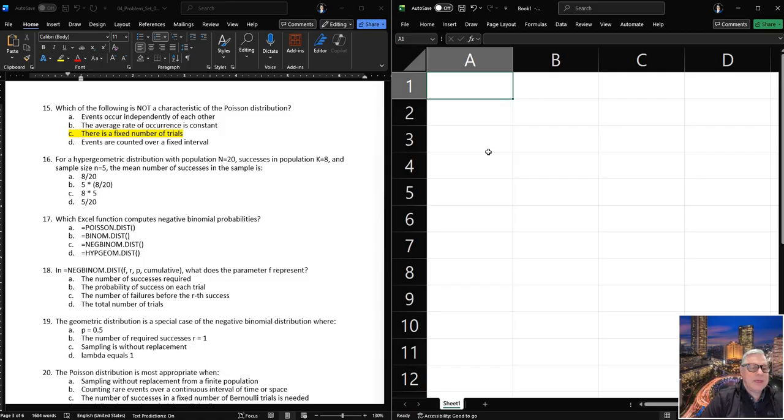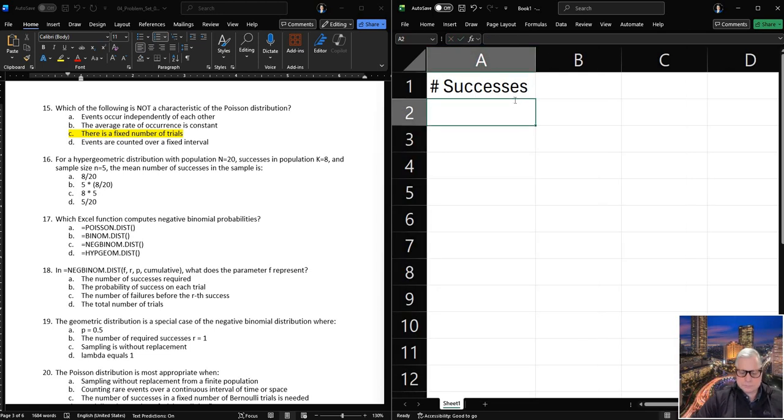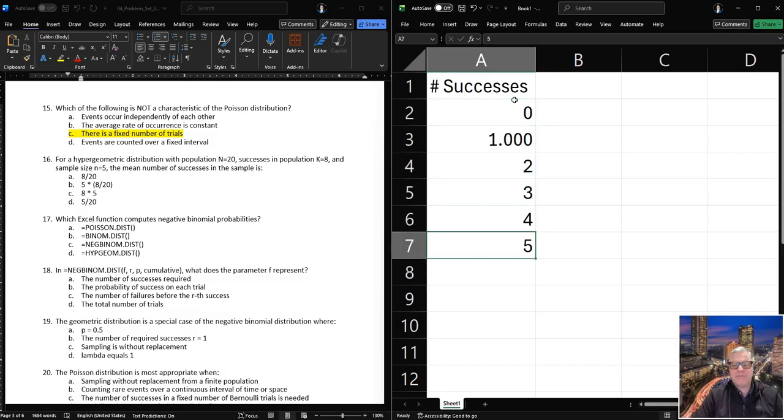So we have a drawing and we want to draw 5. And when we draw 5, the number of successes in our drawing could be either 0, 1, 2, 3, 4, or 5.